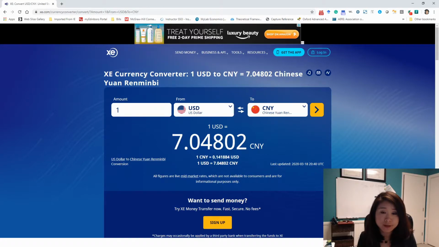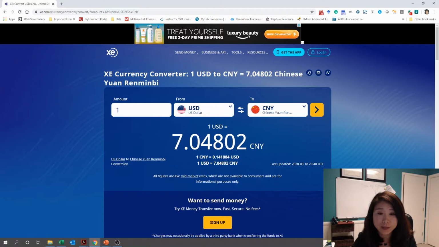So the question here is, did the US dollar appreciate or depreciate? The answer is appreciated, because with $1 you are able to obtain more Chinese yuan. That means the US dollar became more valuable. So in this situation, the US dollar is considered appreciated.